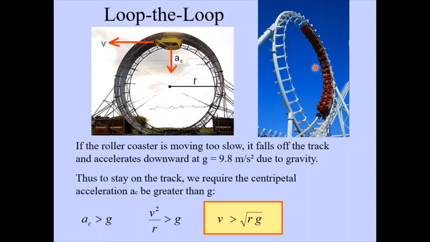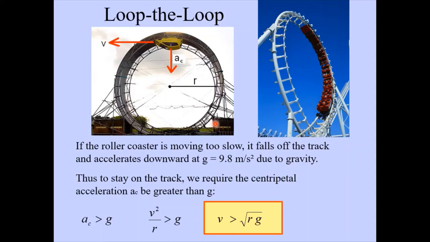And of course, the roller coaster doesn't fall off the track and you don't fall out of the roller coaster. So what we're going to do is figure out how fast you have to be going to safely go around upside down in a circle like this so that you don't fall.